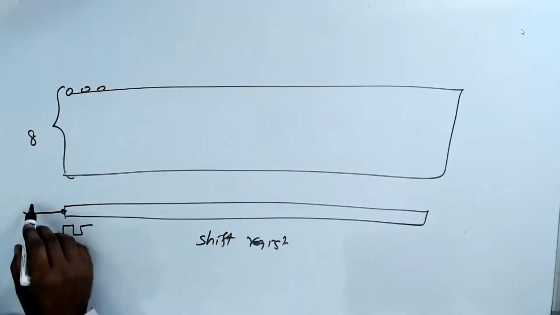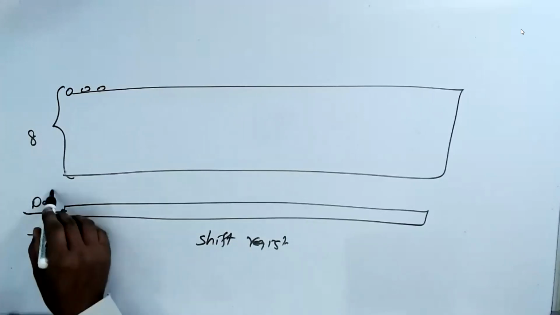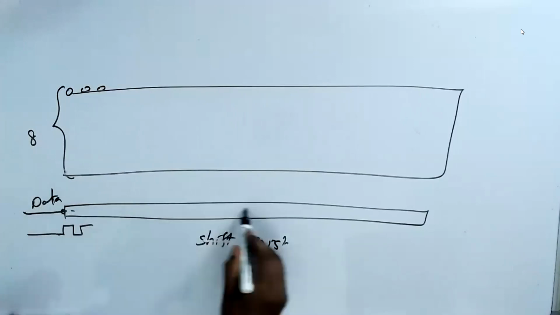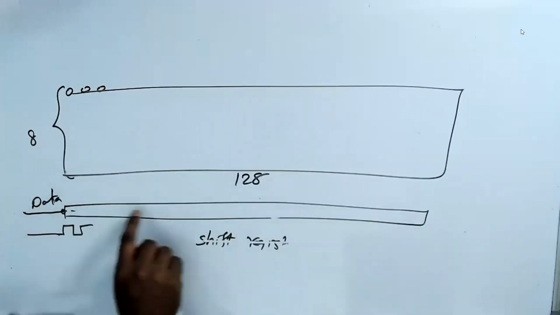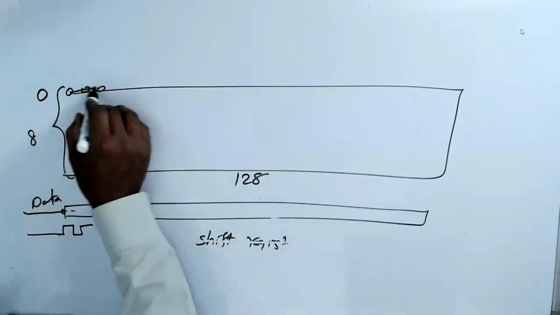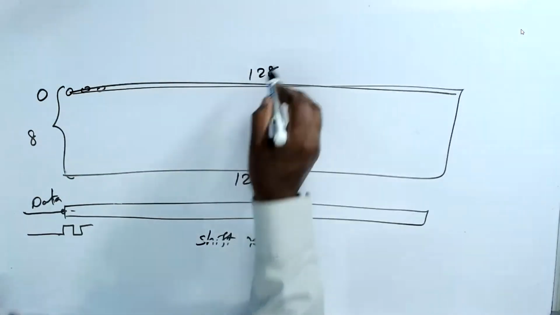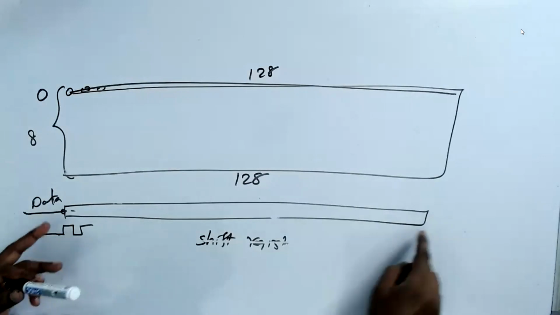This is data, this is clock. Now the data will be shifted one by one. Let us say I have 128 bits. I will shift the 128 bits here, then I will enable this row, so all the 128 LEDs will be on. Then once again I shift the next row and turn on this row.